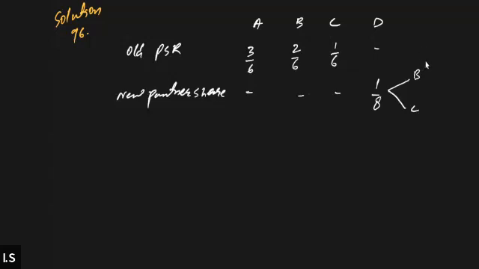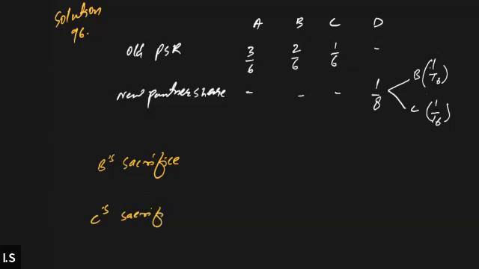A will be retaining his original share. So 1/16 will be sacrificed by B and 1/16 will be sacrificed by C. Let's first of all find out B's sacrifice and C's sacrifice.